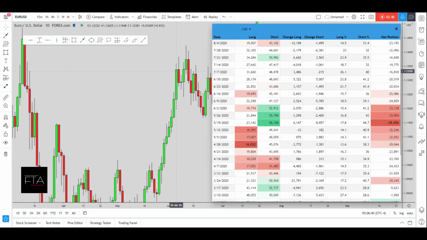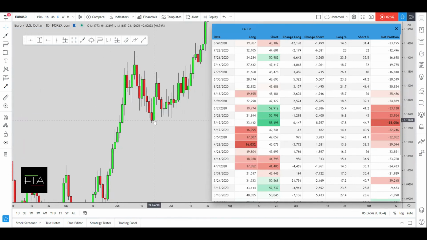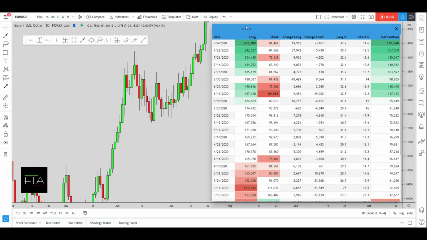Because clearly, not only from a technical perspective was everything bullish, but also if we look at the COT perspective, the commitment of traders, which is what the biggest banks and institutions were doing on Euro USD, we can see that institutions were adding massive longs.